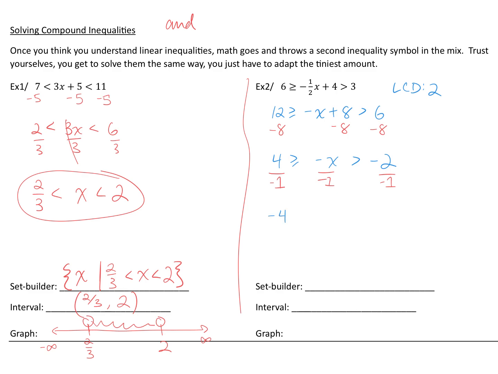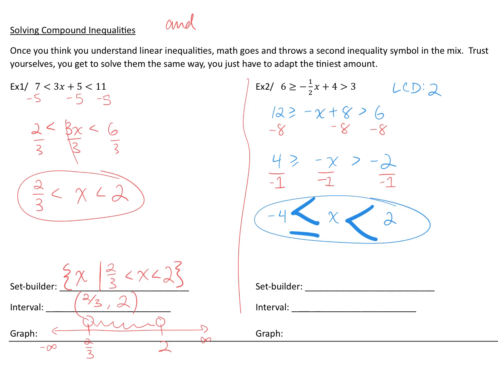And that gives you a -4, an x in the middle, and a 2. But what happens here as well is the division by a negative, even though this is a compound inequality, will change the direction of the inequality symbols, just like regular linear inequalities. And that's basically it. This is the inequality answer.